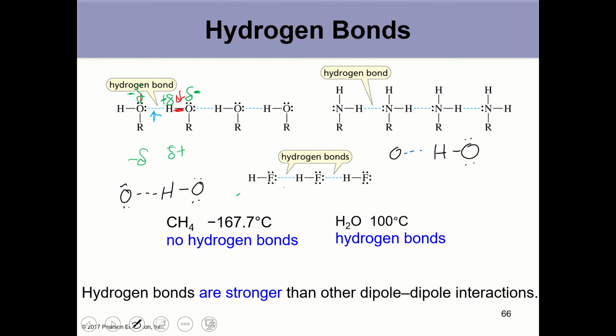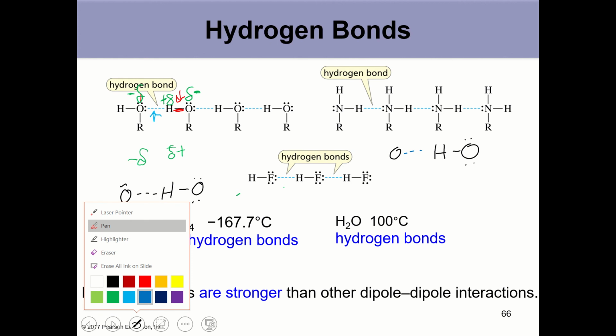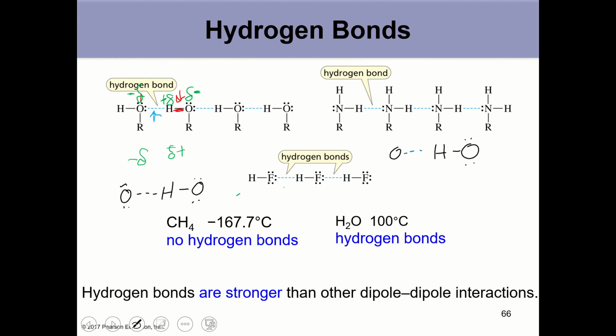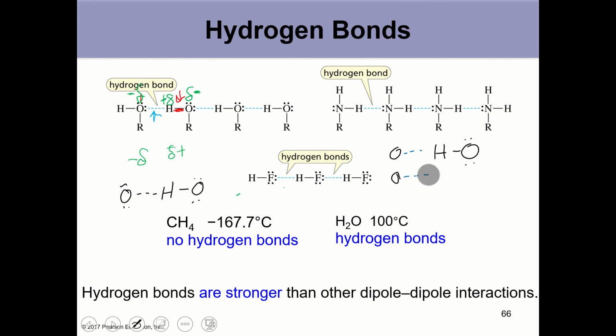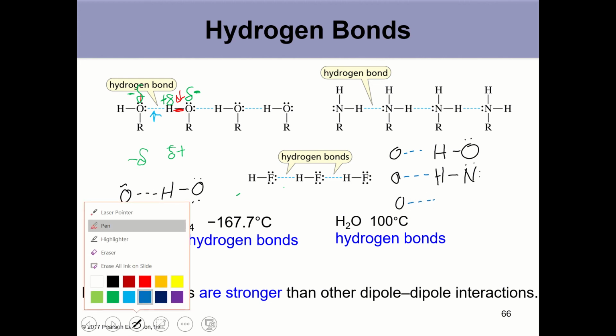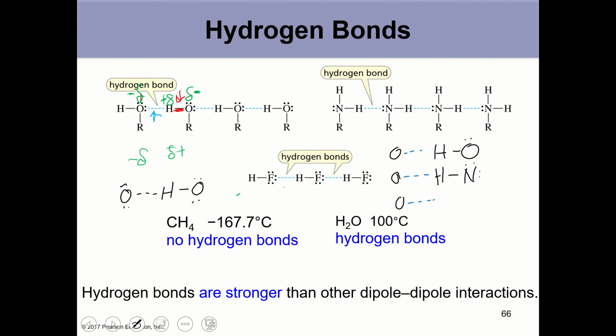We could have O dash dash dash H, covalent bond N, which has one lone pair. We could have O dash dash dash H, covalent bond F.